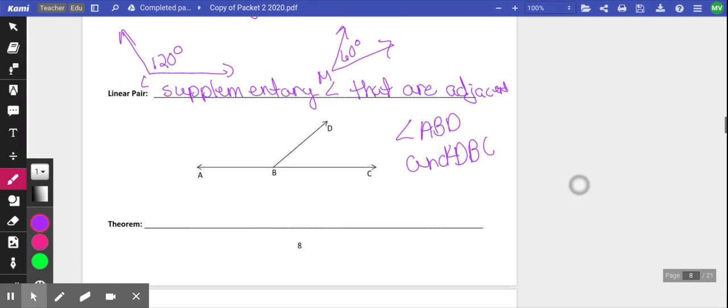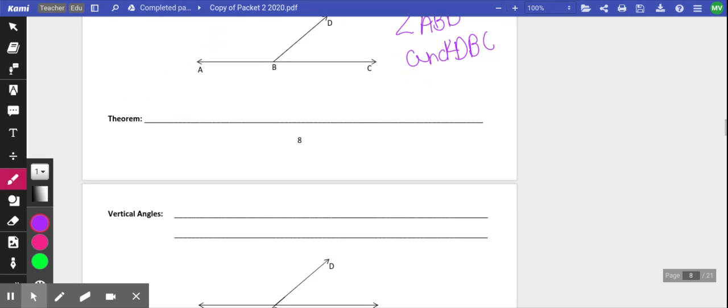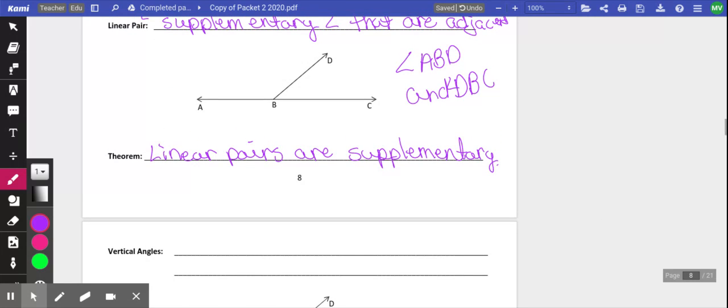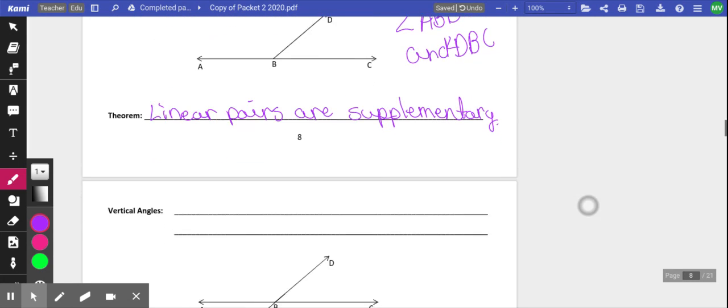And then our first theorem here says that linear pairs are supplementary. That was a lot of information.